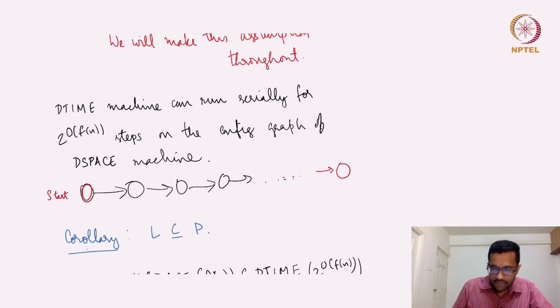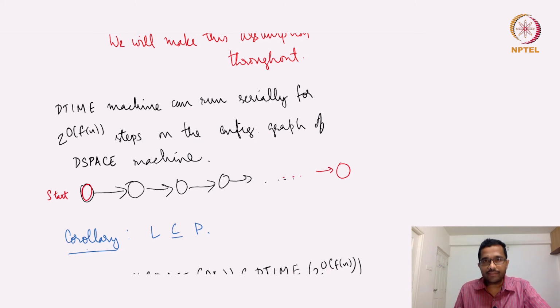So all you do is you just run the Turing machine up to 2 power order f(n) steps. Instead of order f(n), maybe you can make it more precise, 2 power c2 f(n) or whatever, on the configuration graph of the DSPACE machine. And if it accepts by then, good.